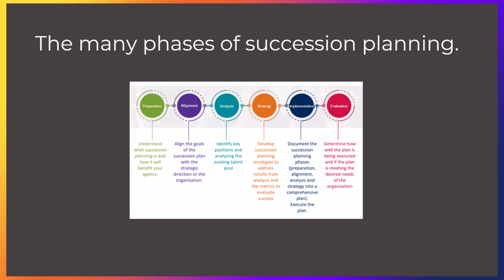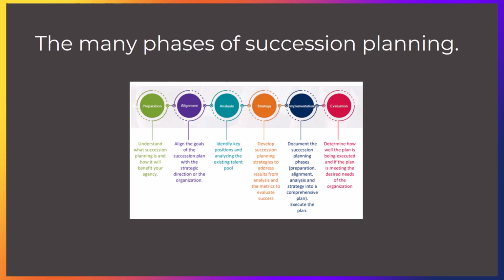There is a preparation phase where you need to understand what succession planning is and how it will benefit your agency. An alignment phase, to align the goals of the succession plan with the strategic direction of the organization. I think there's a typo there. The analysis phase is where you're identifying key positions and analyzing the existing talent pool.